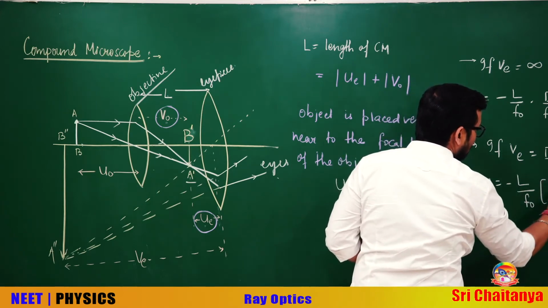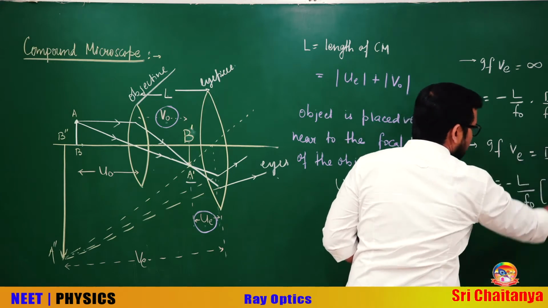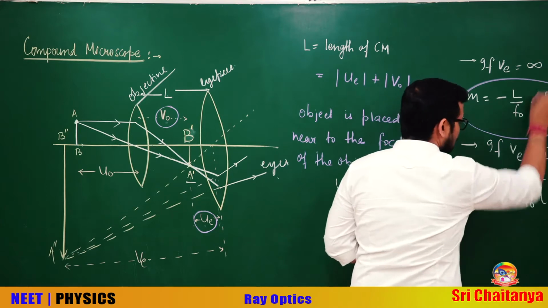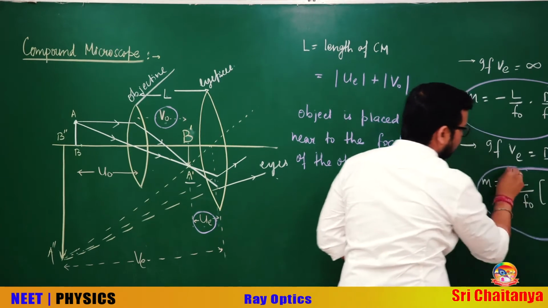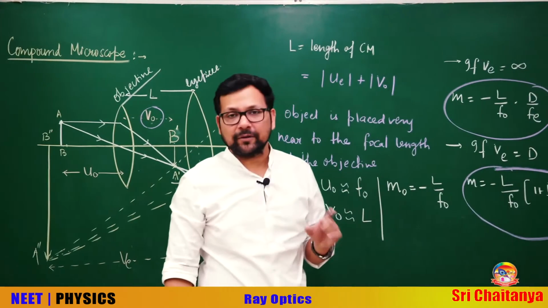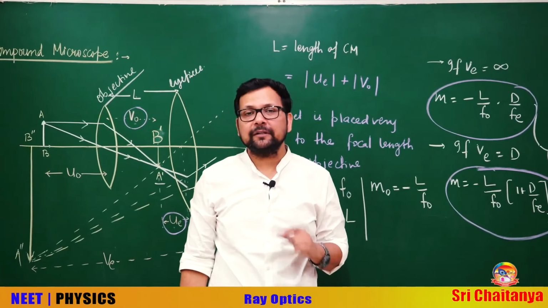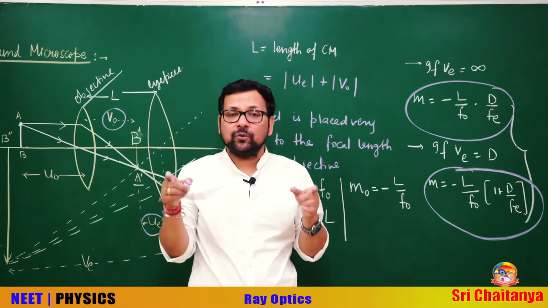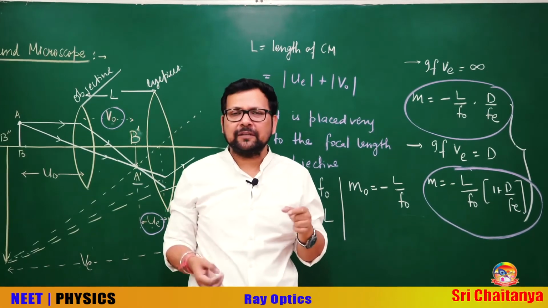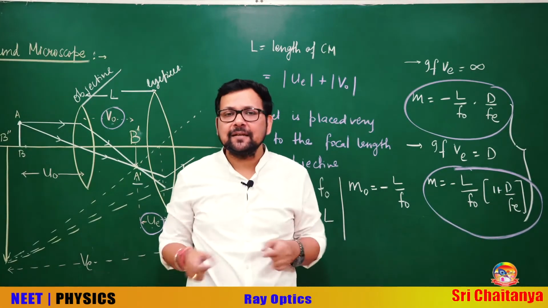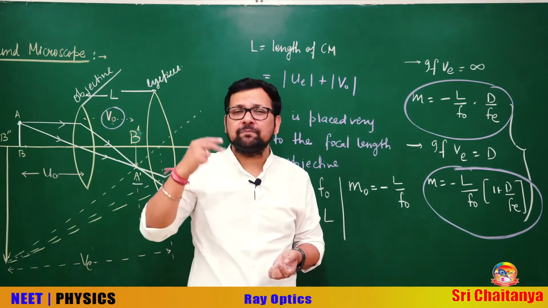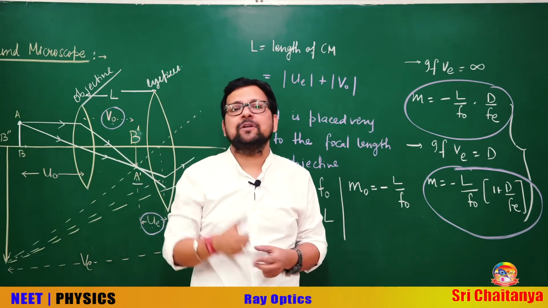So, these are the two magnifications you must memorize in terms of length of the compound microscope tube. This is very important, because in the experiment in a lab with a compound microscope, generally the length is adjusted. So, length magnification is comparatively more important from the NEET point of view.